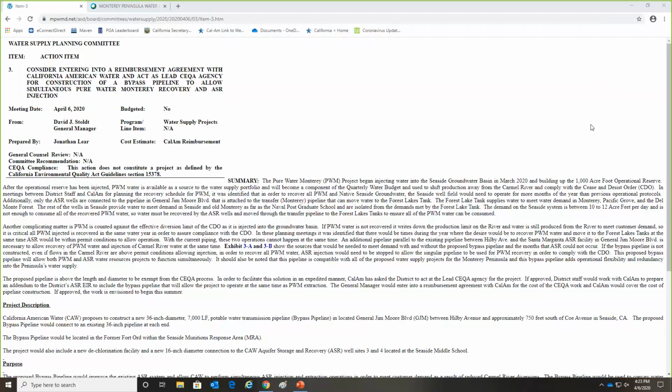But the nice thing about desal was it had ample supply, where when there was excess supplies, you could inject desal water into the Seaside Basin to store it for later reuse. Without desal, we're close to supply versus demand, and therefore we need to maximize all storage that we can do. And I can defer to Chris too. Chris can chime in as well.